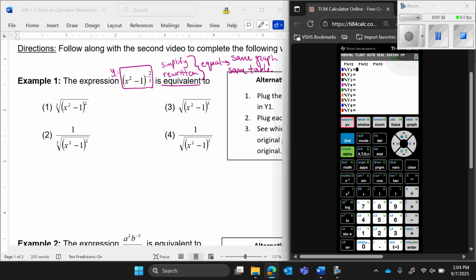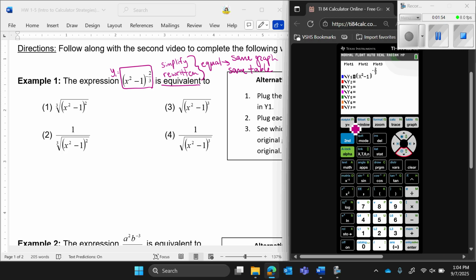We have parentheses x squared minus 1, to the negative (the fraction is on the bottom, Alpha Y equals, for a fraction) 2/3. That is the question, and our answer should have the same graph and the same table.